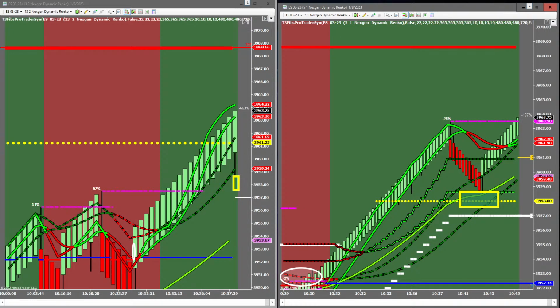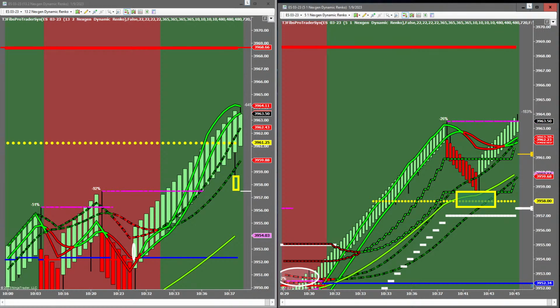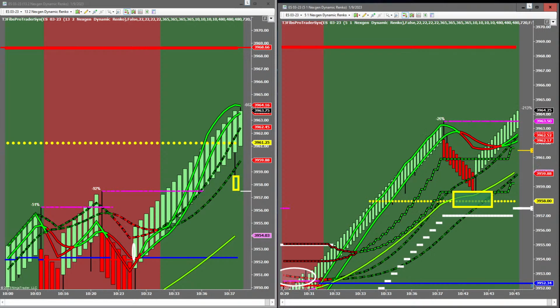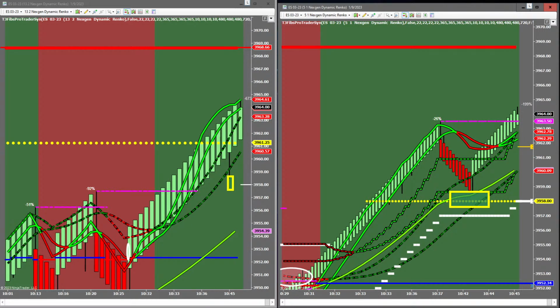Now, some people take half off as you get back to a prior high, right? So if you were taking 4 points on half of your position, that's pretty much it right there. I think that was the pullback, Ed. I'm not sure if it's going to pull back again.